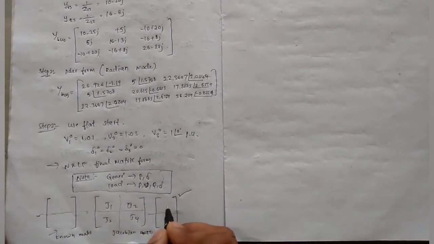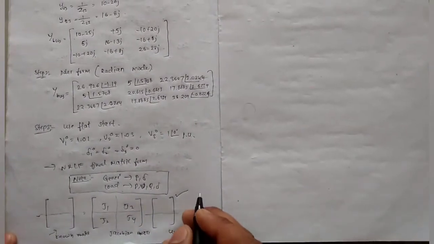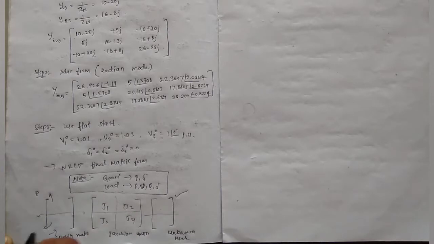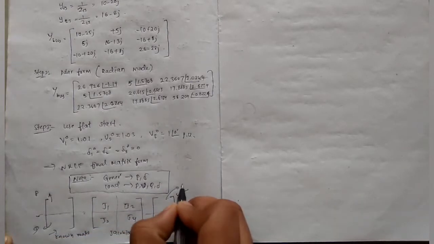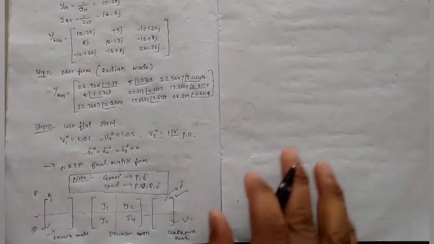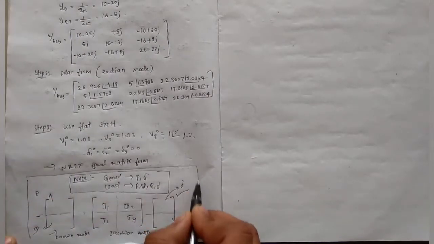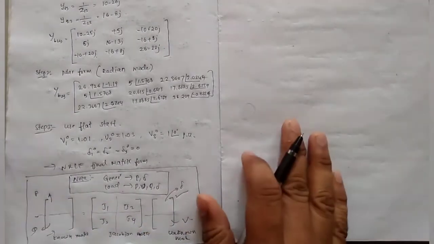This also has sections J1, J2, J3, J4. The J1, J2 expansions I'll say in further steps. This is the P section, this is the Q section. This is the delta section, this is the V section. Note all this. This is the formula to write the final matrix form.